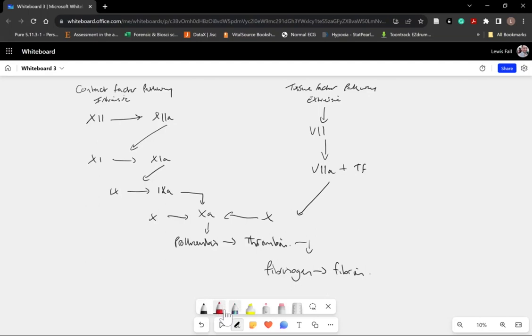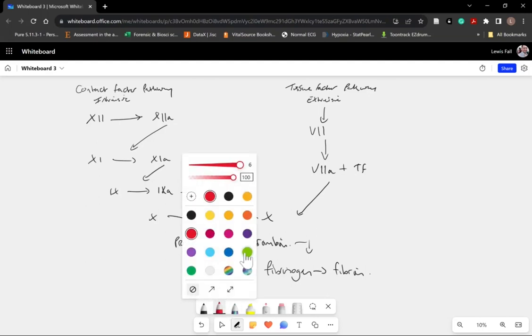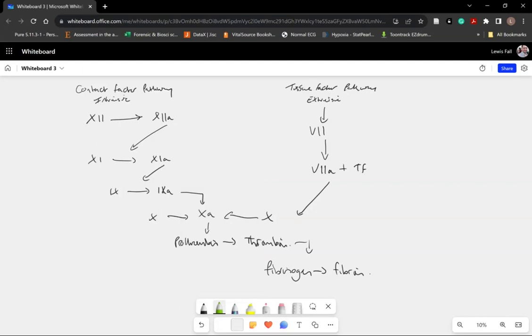Cool. But there's something else that happens. So I'm going to change colors here to green, because this is crosstalk and feedback loops. So this used to be it, by the way. This is just what we thought at one point this entire cascade was. And then we realized that actually tissue factor will also help to catalyze this step.